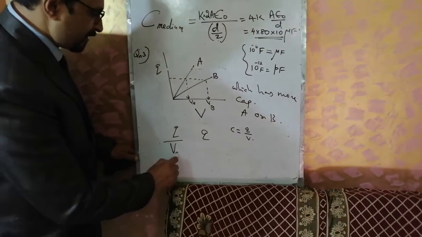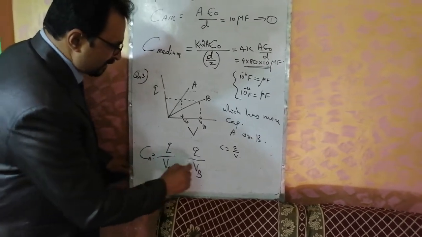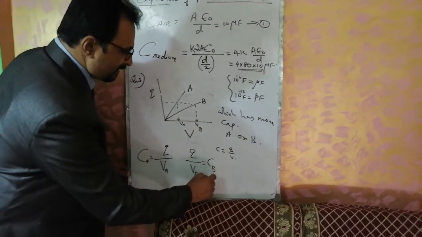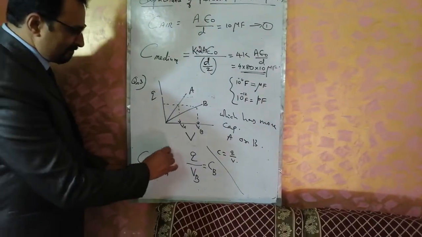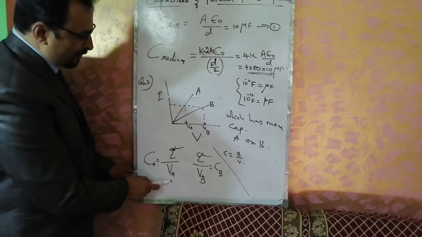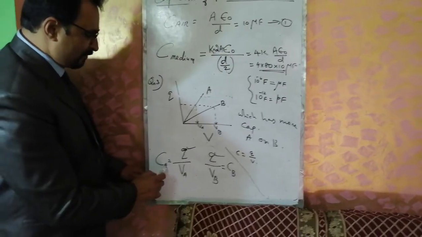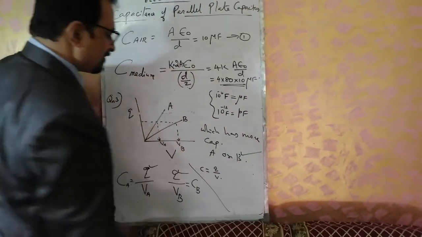If you divide Q by voltage of A, you will get capacitance of A. If you divide with the voltage of B, you will get capacitance of B. Now you just compare. Charge is same, but V of A is smaller. V of A is smaller means C of A is smaller. Which has more? So what is your answer?